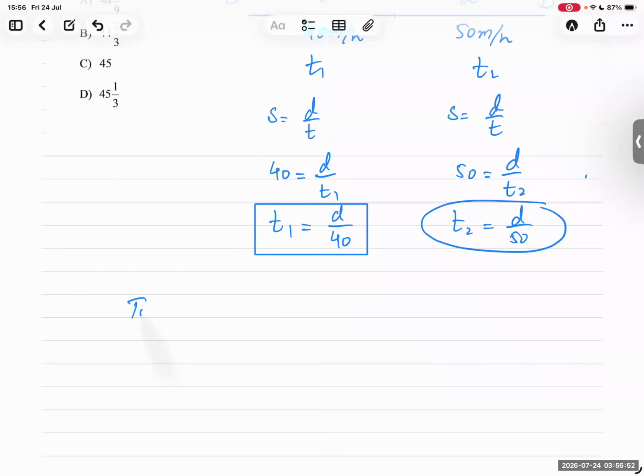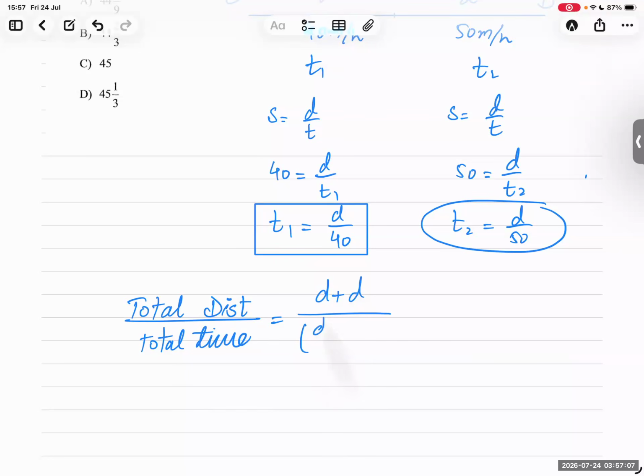And we are simply looking for total average speed. So that would be total distance divided by total time. So total distance would be D plus D and total time would be D by 40 plus D by 50.